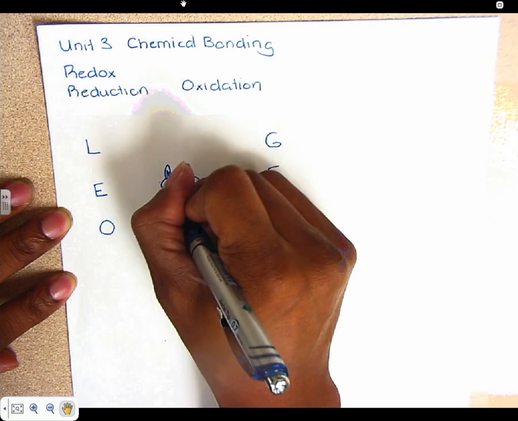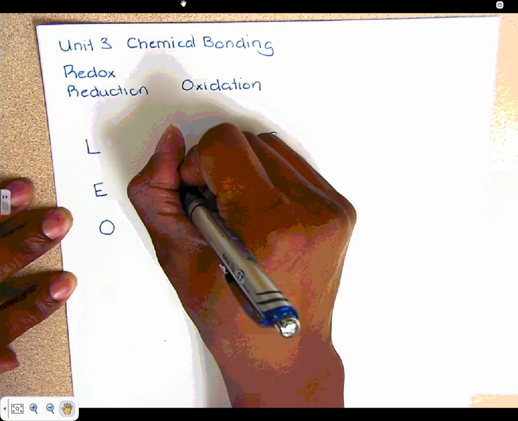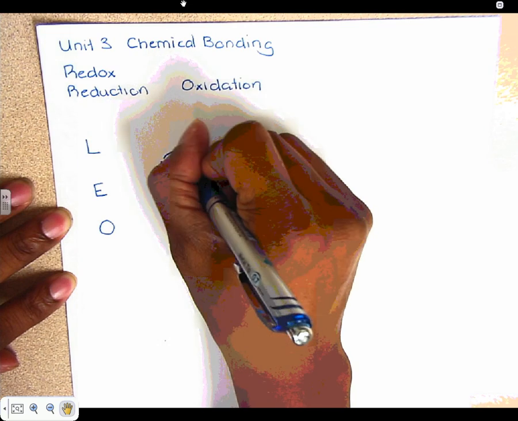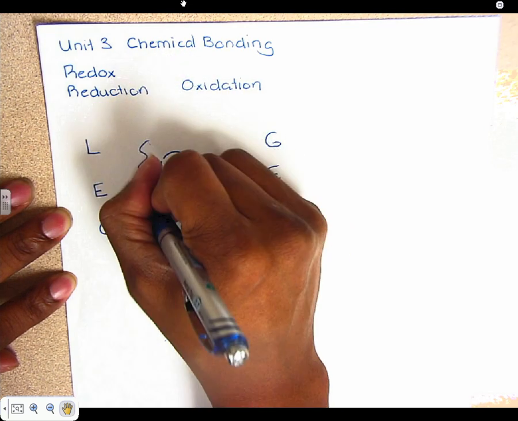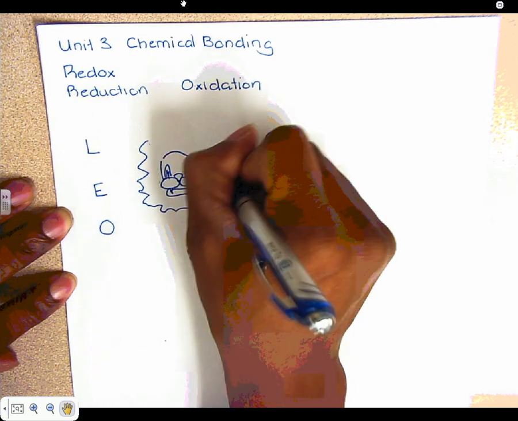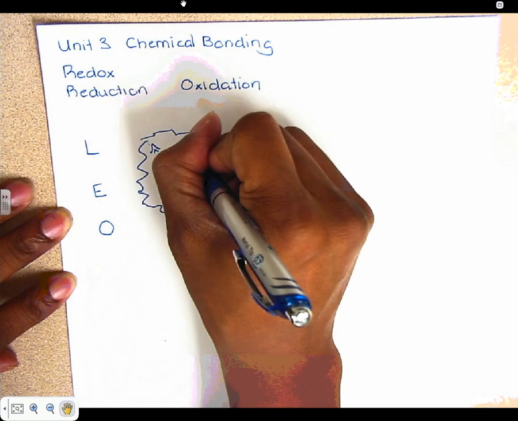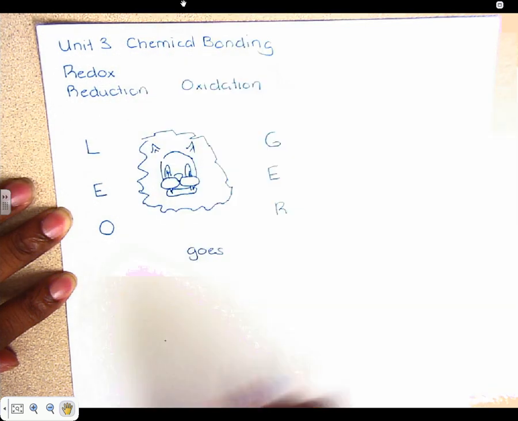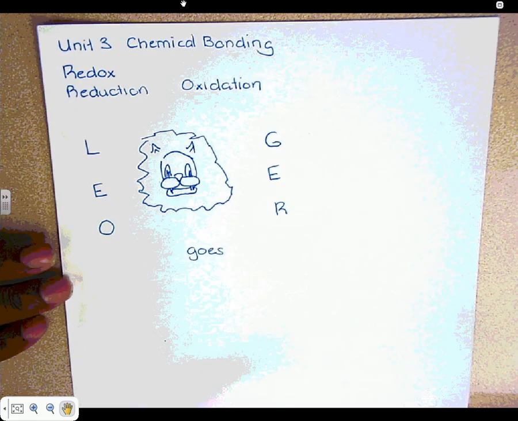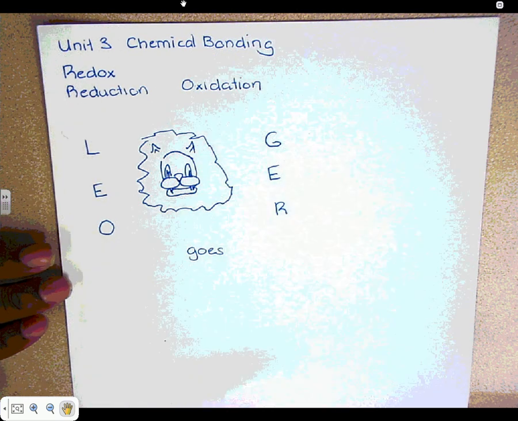My specialty is mostly in chemistry, so that's supposed to be more or less my picture of a lion. And the lion here, represented by Leo goes Ger, is the mnemonic that helps us remember oxidation and reduction.